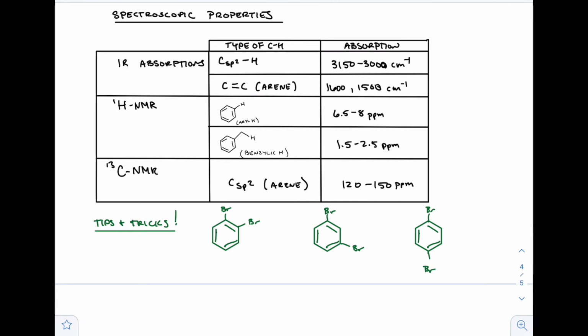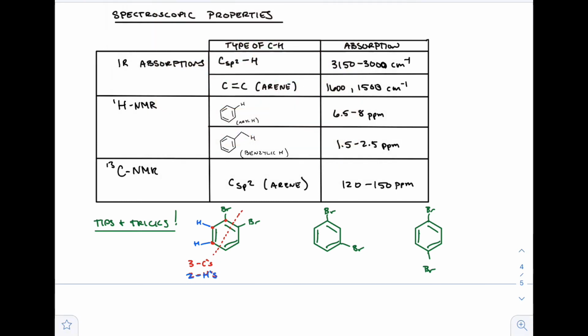If we're trying to determine which structure we have, you would love to have a para-disubstituted one because that's really easy, and you can't easily distinguish between ortho and meta, but let me show you what kind of absorptions we should have.